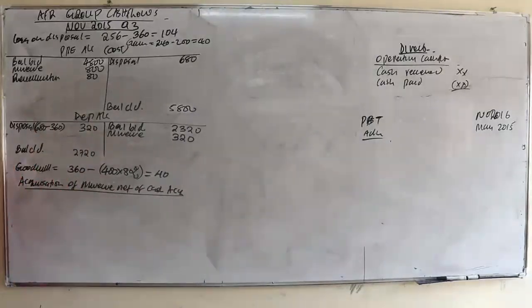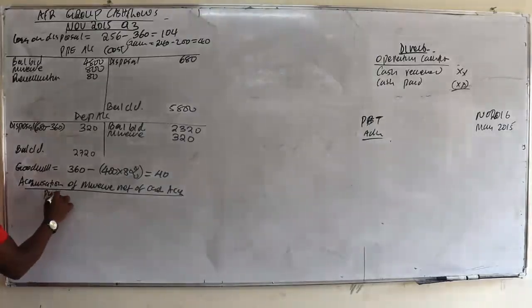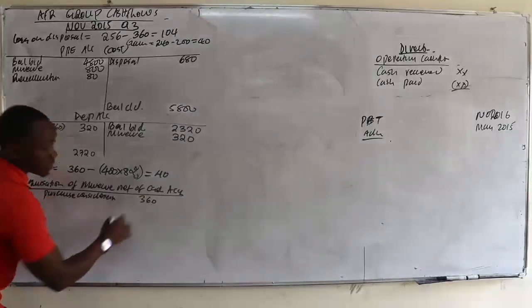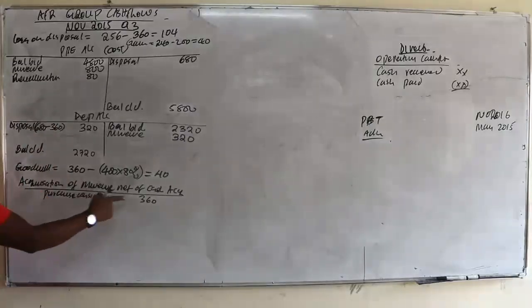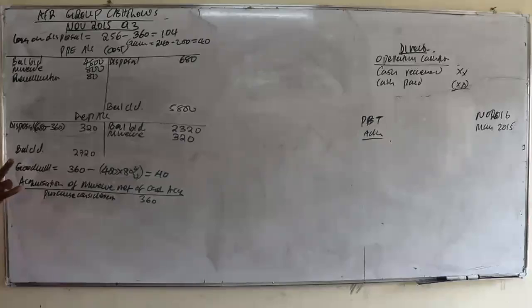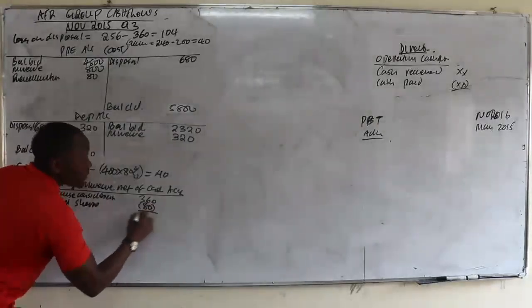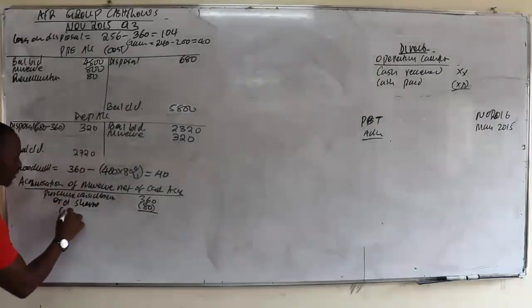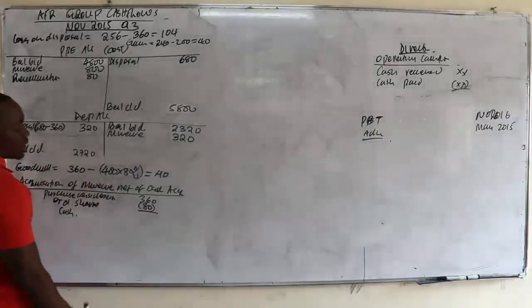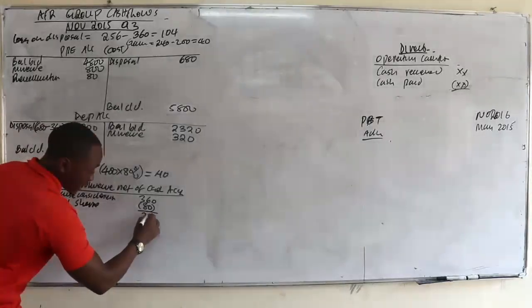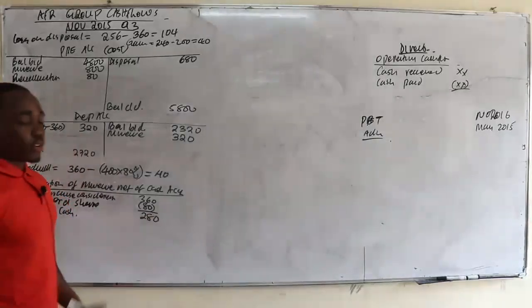We acquired Mwewe for how much? 360. Let me just write, purchase consideration was 360, of which the 360 was paid in two ways. Number 1, we paid through the issue of ordinary shares. How much? 80. And the balance was paid in cash. How much was the value of the cash? 360 minus that one, you get 280. Are you together?